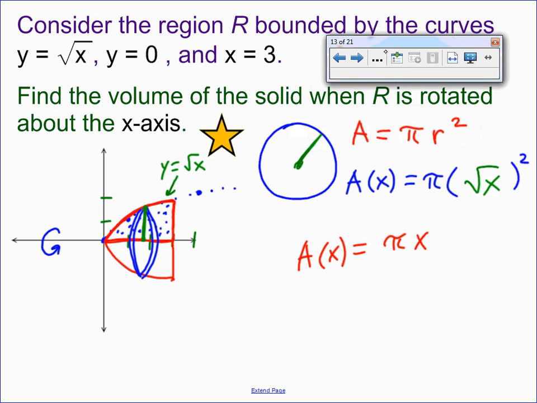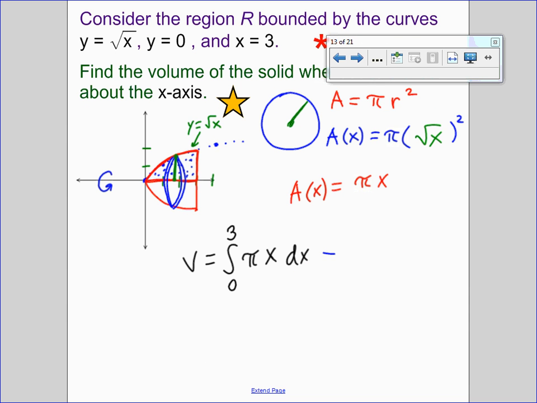All right, time for volume. My volume V will be given by the integral from the leftmost x value of my region, which would be 0, up until when? 3. My area function will be pi x. Integrating with respect to x will yield the volume.